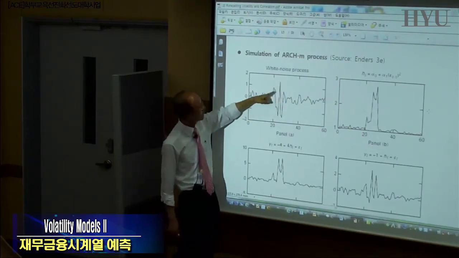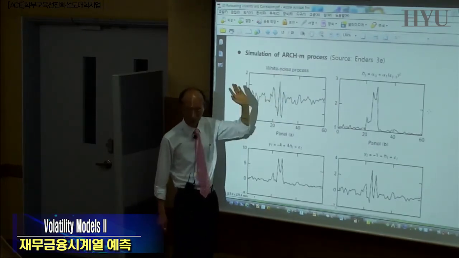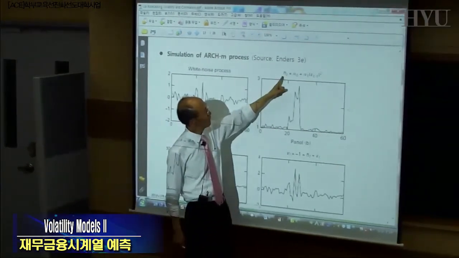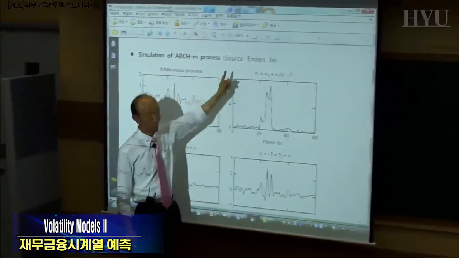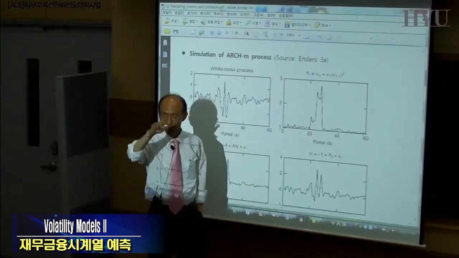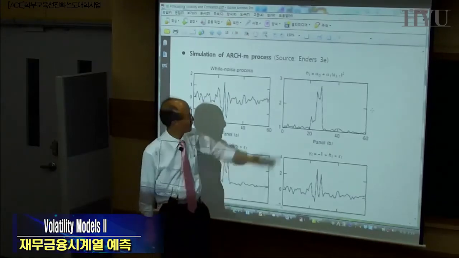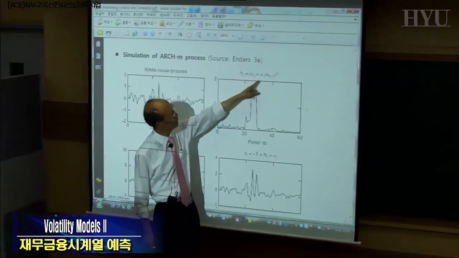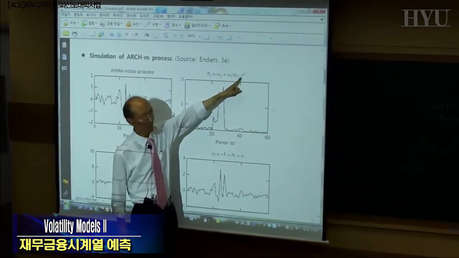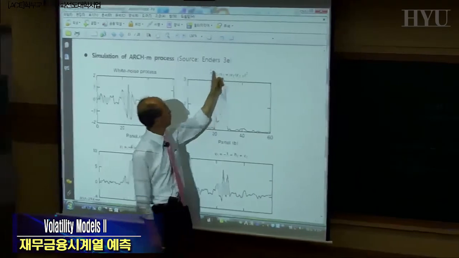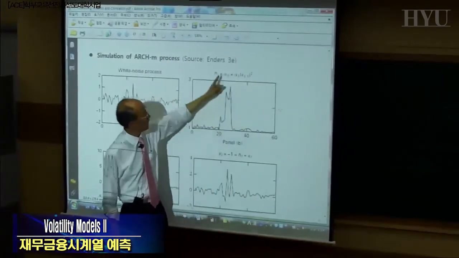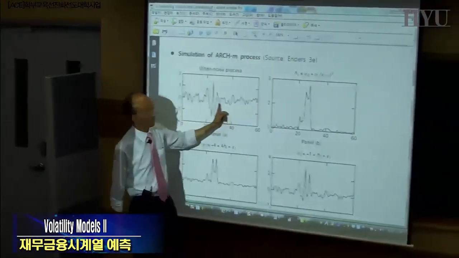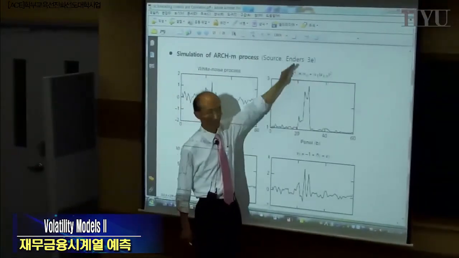It's just a random realization. Using this one, here h of t in Enders' book is the same as our sigma t squared, the conditional variance. Okay, same thing. So sigma t squared equals this one, just one lag, right? No lag, right? So this is an ARCH(1) process.